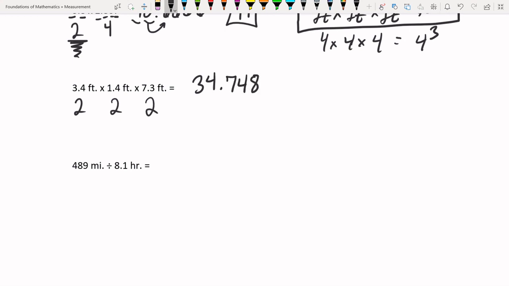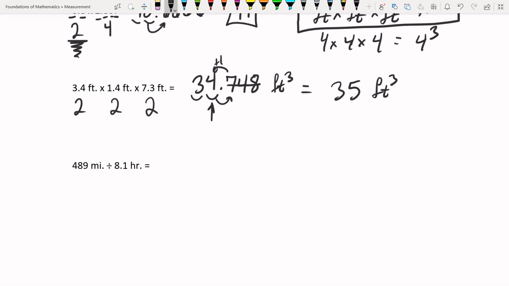And foot times foot times foot is foot cubed. And we round to 2 significant digits. We have 1, 2. We're going to round to this place here. Look at the next one, 5 or greater. Yes, it is. Add 1, and then you drop the decimal part, giving us 35 feet cubed.